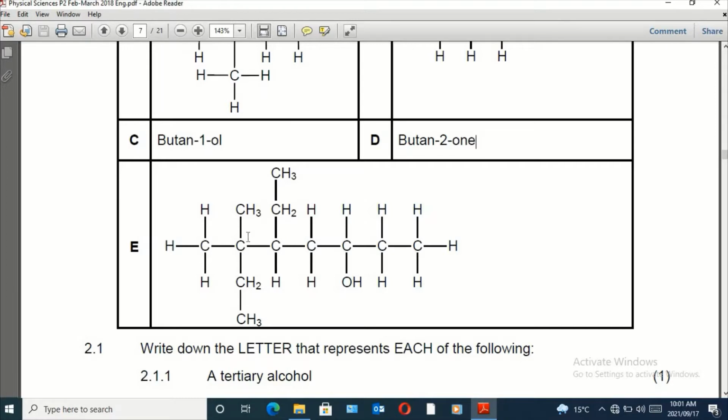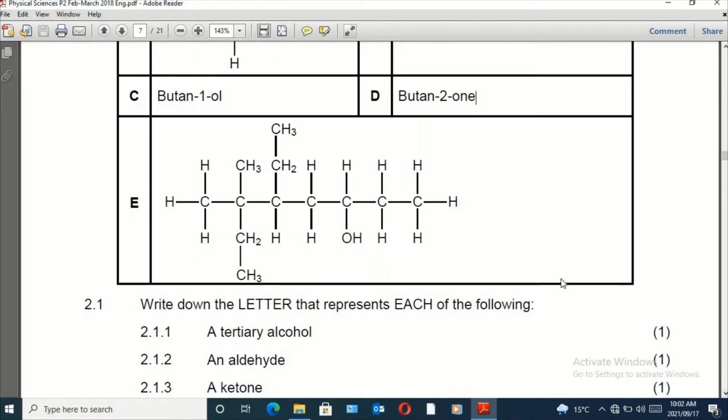And then the last compound, if you look carefully, it's another alcohol. If you start from the right side with this carbon, then at carbon number 3 we have that hydroxyl functional group that we spoke about, hence we say this is an alcohol.